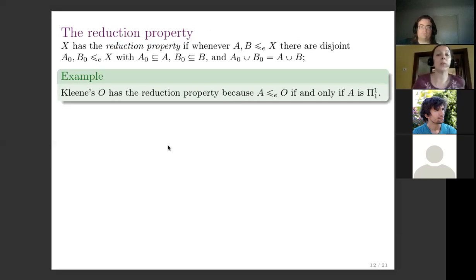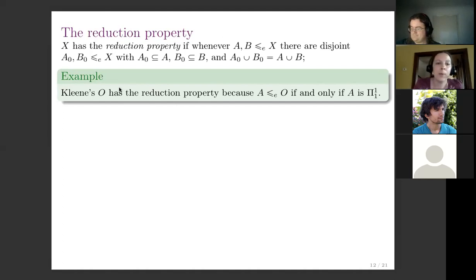And oracles with the reduction property exist. For example, one very easy example is Kleene's O has this property. The reason is that, well, a set A is enumeration reducible to O if and only if A is Pi^1_1. And we know that Pi^1_1 sets have the reduction property, so there you go.